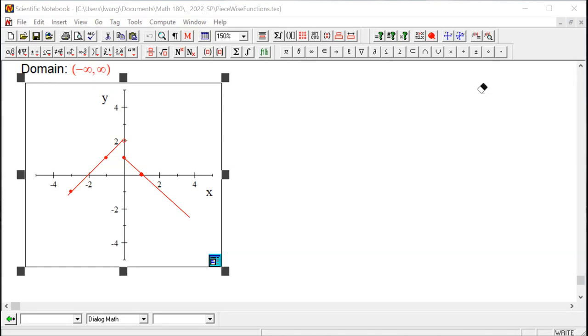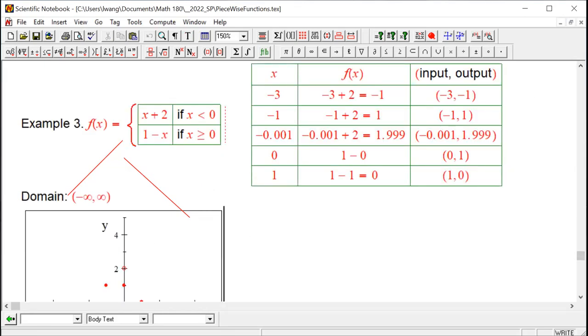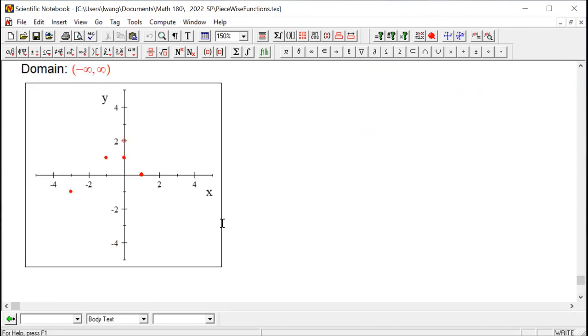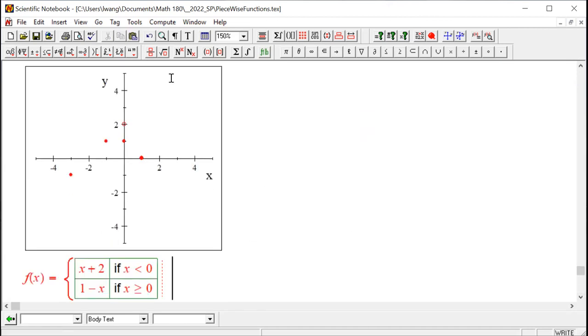Okay, so now I can make it better. That's how we graphed it. I'm going to make it better, so I have to work with the software. The software will produce that picture, but I have to put some other dots in place.